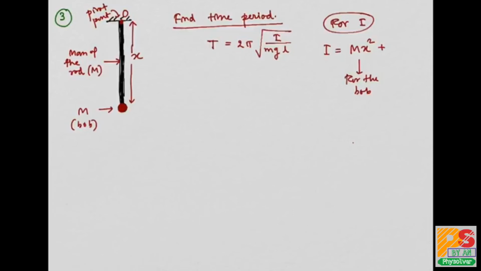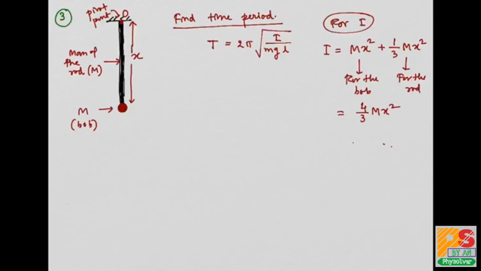So for the rod, if the rod is rotated about an axis passing through its one end, then its moment of inertia is 1/3 mx square. So I equals 4/3 mx square. Clear? This is the value of I.